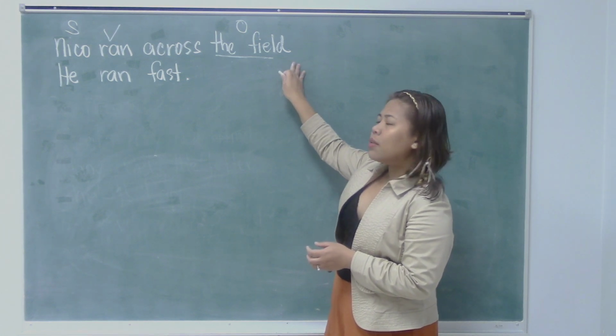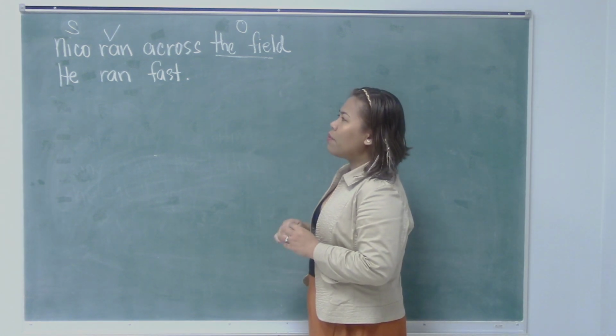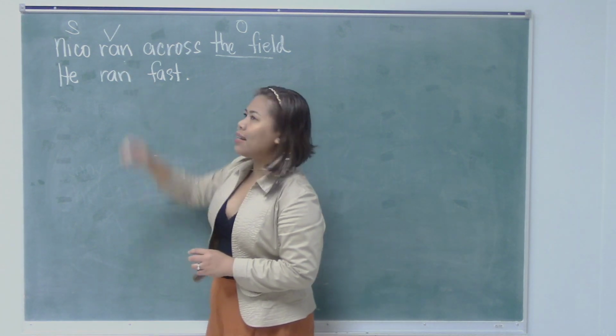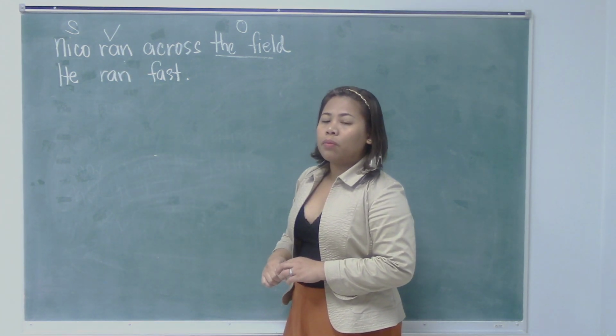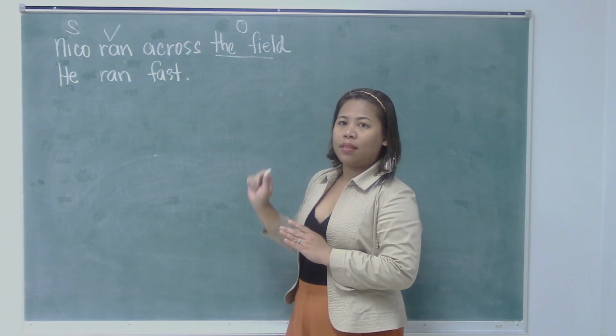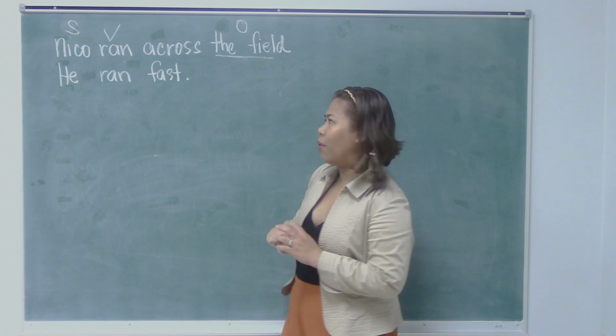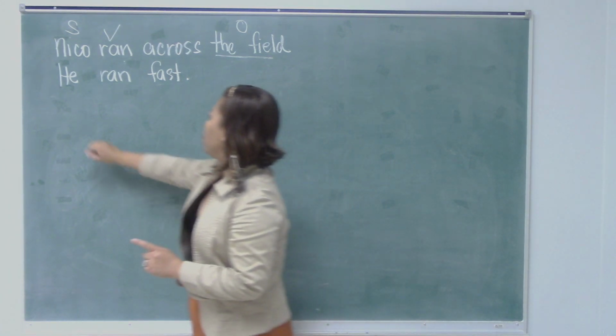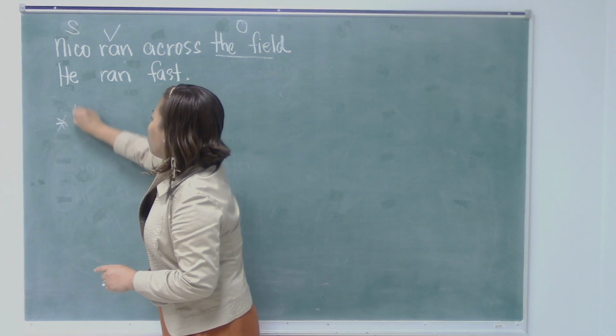So let's translate this one. What's our verb? Ran. We are going to start in there. Ran is in the past tense. Run in Filipino is takbo. Ran in the past tense, so we say tumakbo. We'll start our sentence then with a verb. So we say tumakbo.